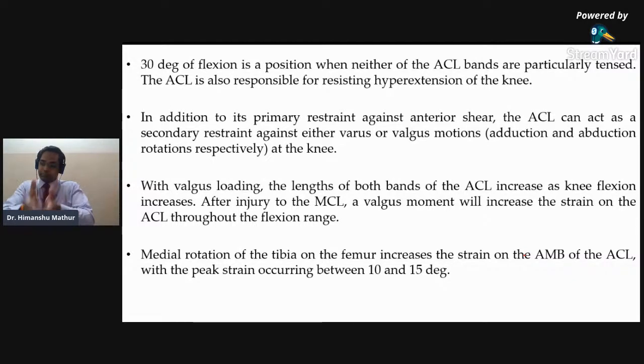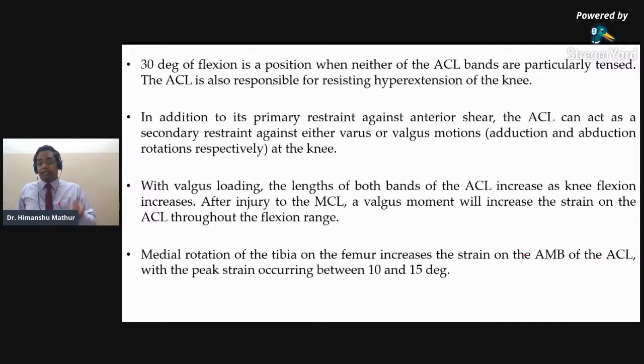क्योंकि जब मैं लैचमैन्स टेस्ट में टिबिया को प्रॉक्सिमली पकड़ के आगे खींचता हूं, तो मैं 30 डिग्रीज ऑफ नी फ्लेक्शन पे होता हूं। ये वो पोजीशन है जहां AMB और PLB दोनों बैंड्स रिलैक्स स्टेट में हैं, टेंशन इतनी ज्यादा नहीं है, तो मैं उसको थोड़ा सा पुल कर सकता हूं। लेकिन अगर मैंने फ्लेक्शन बढ़ा दिया और फिर पुल कर रहा हूं, तो कोई ना कोई बैंड अंडर टेंशन होगा, और translation will increase.